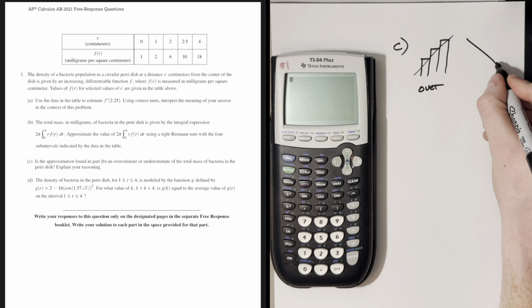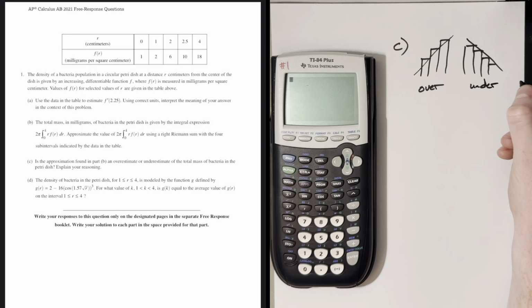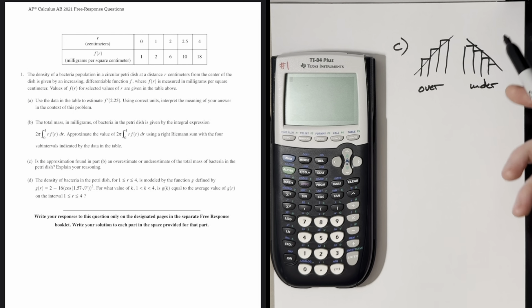If I drew a decreasing function, a right Riemann sum clearly under approximates. So all we need to figure out is, is this function increasing or decreasing? And that will tell us if the Riemann sum is an over or under approximation.